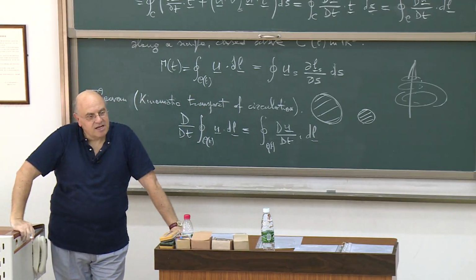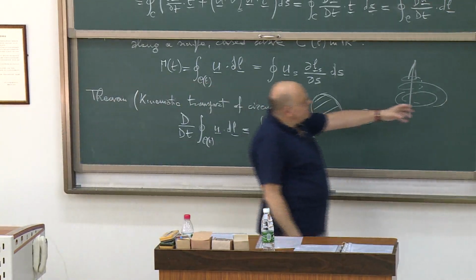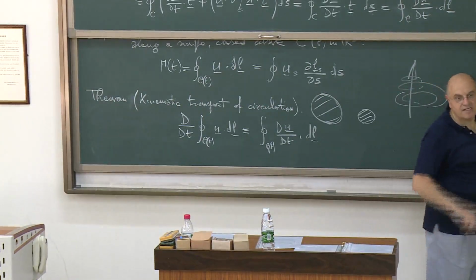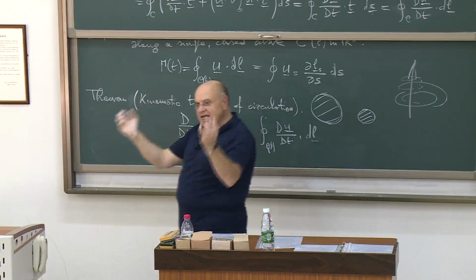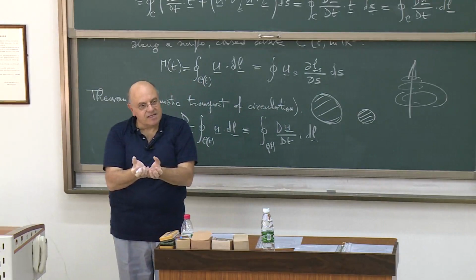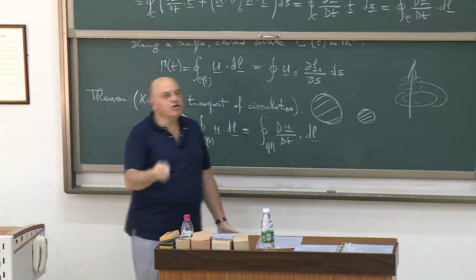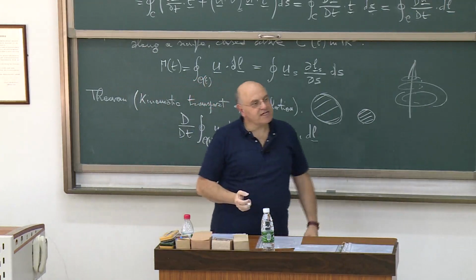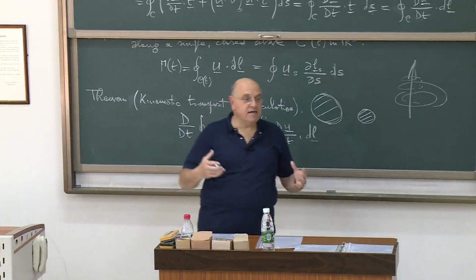Now, this is a structure that is basically given by taking these vortex lines and putting them in a torus, filling the torus with vortex lines, and then thinking how it moves, and so deriving the motion of a vortex structure. And this can be thin or can be thick.